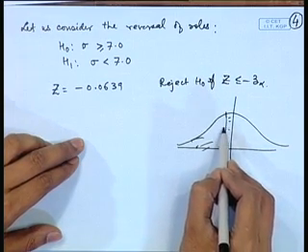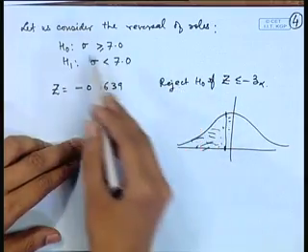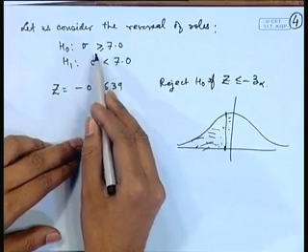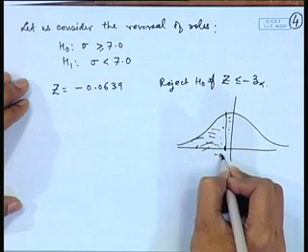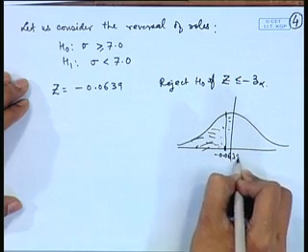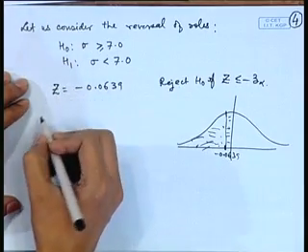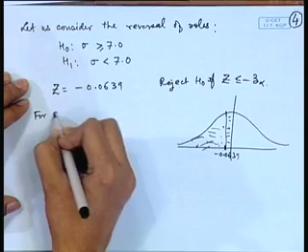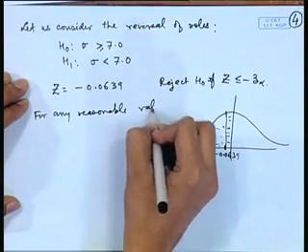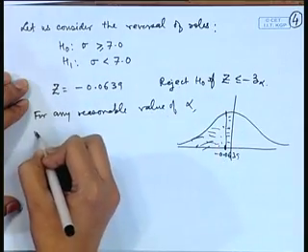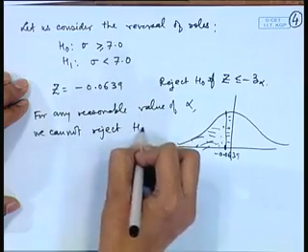So, for a large value of alpha, the hypothesis H naught cannot be rejected, because this value 0.0639 is much higher. So, for any reasonable value of alpha, we cannot reject H naught.